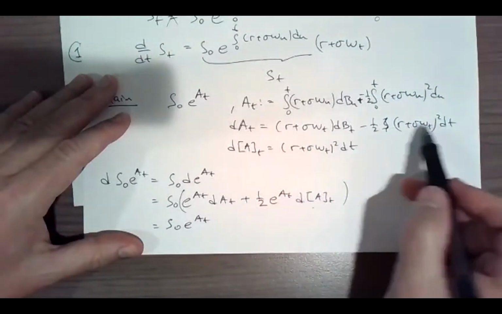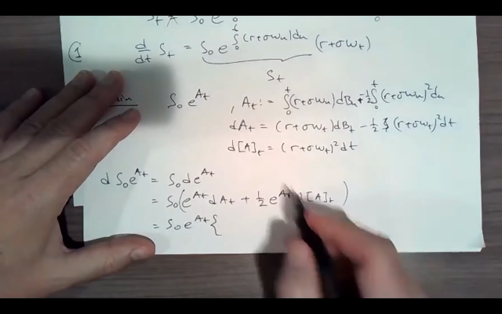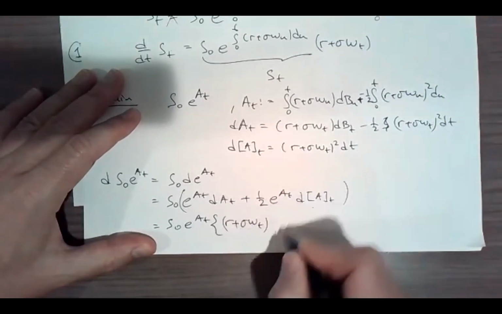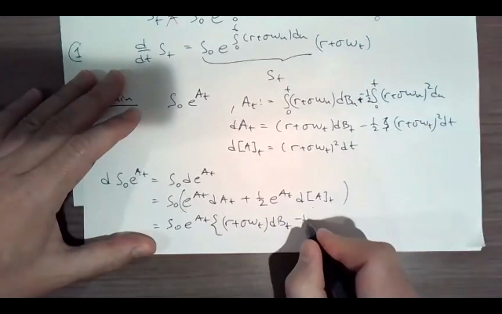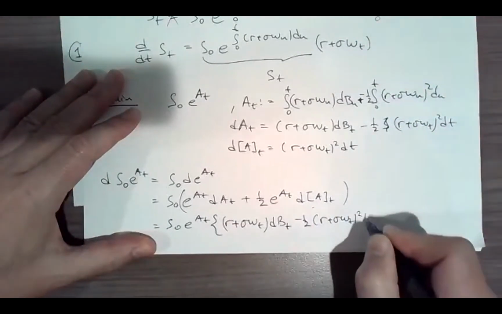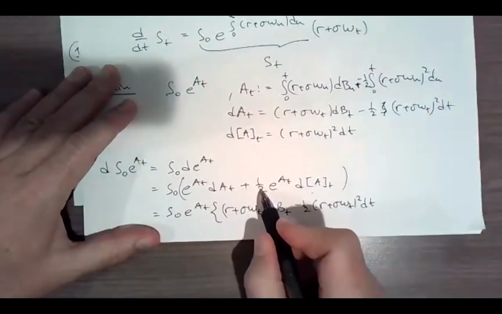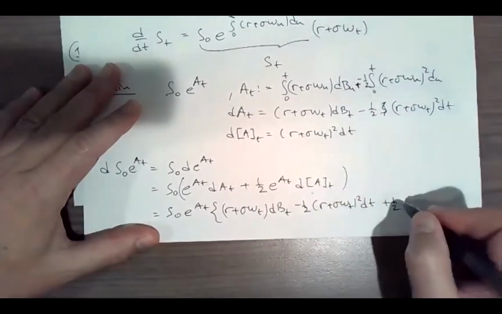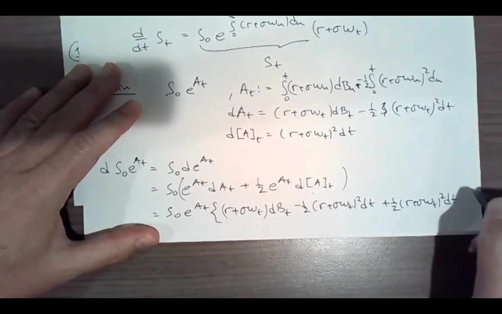Well, that's the mess we have up here. It's R plus sigma WT dBT minus 1/2 R plus sigma WT squared. So that was that term, and then we need plus 1/2. That term goes outside. And then the quadratic variation, this is R plus sigma WT squared dt.